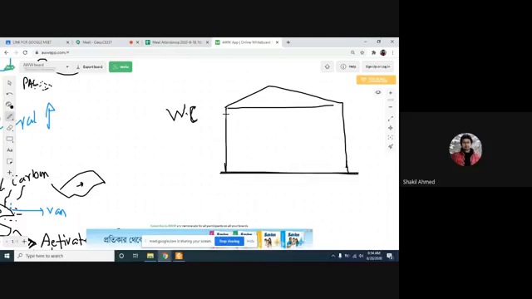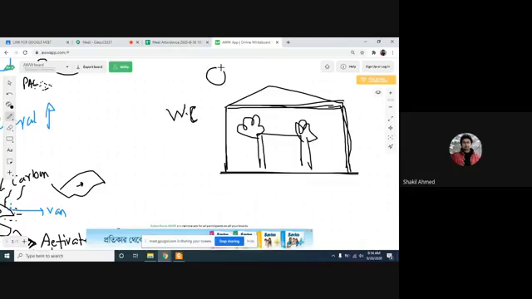Therefore, you make a house of glass, and then inside of it you plant trees.